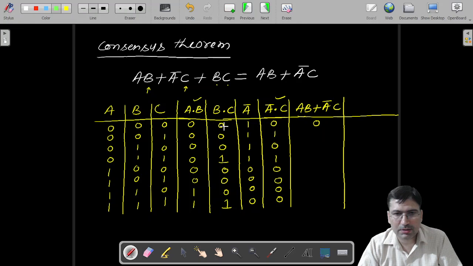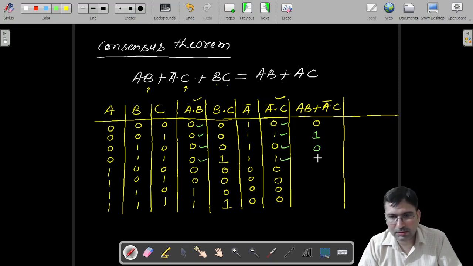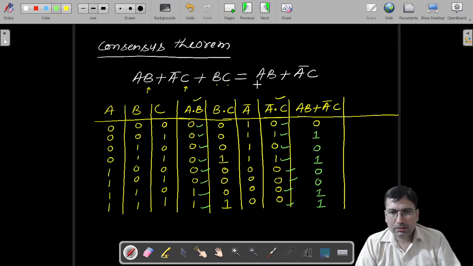So this is AB and A bar C, both are 0. Here it is 0, it is 1, so it will give us 1. Here it is 0 and 0. This is 0 and this is 1, will give us 1. This is 0, this is 0, gives us 0. Here both are 0, so 0. Here this is 1, this is 0, so it will give us high value 1. And this is 1 and this is 0, that means it is 1, right? So this is calculated.